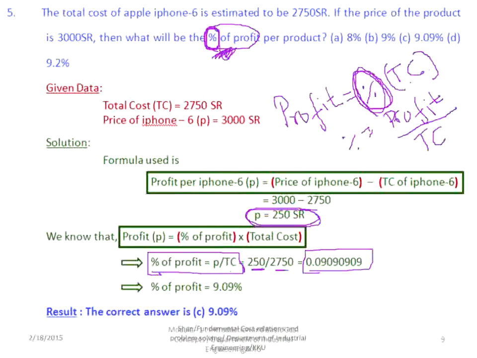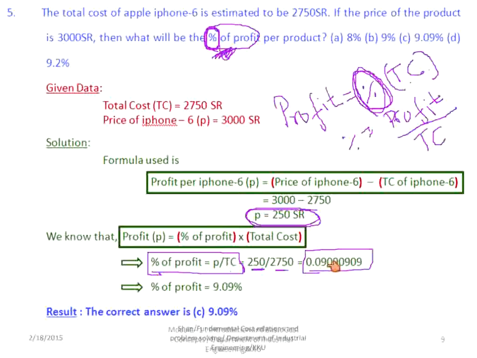Please check. Are you getting this answer? 0.09090909, it goes like this. So this 0.09, if you write in terms of percentage, just multiply by 100.